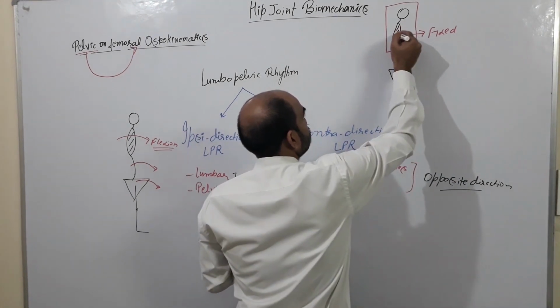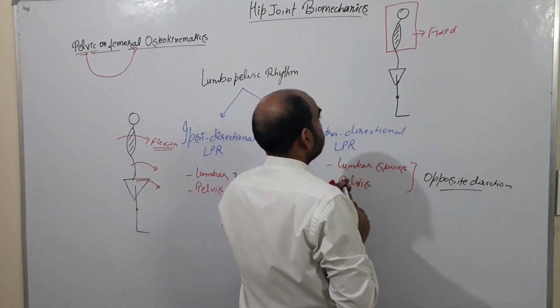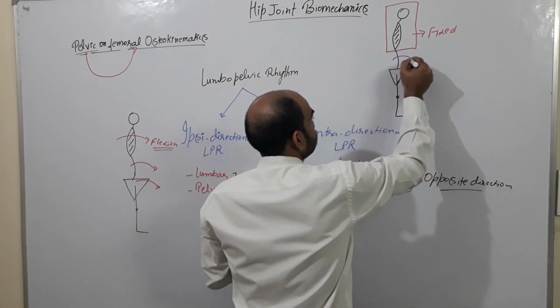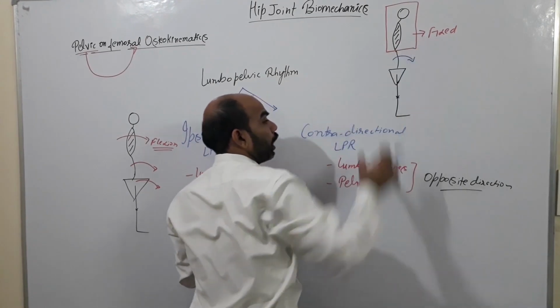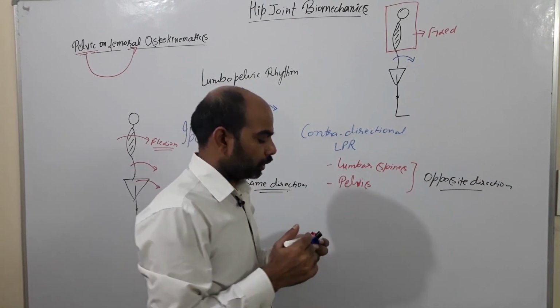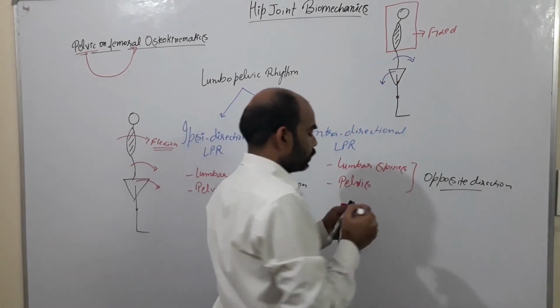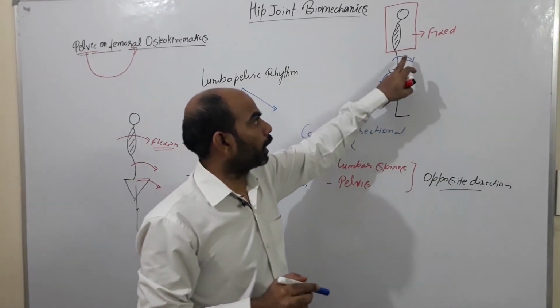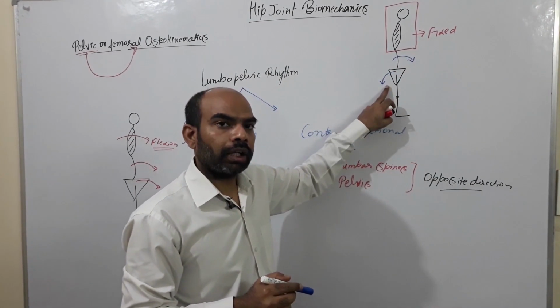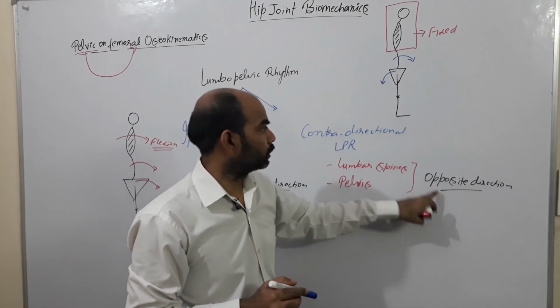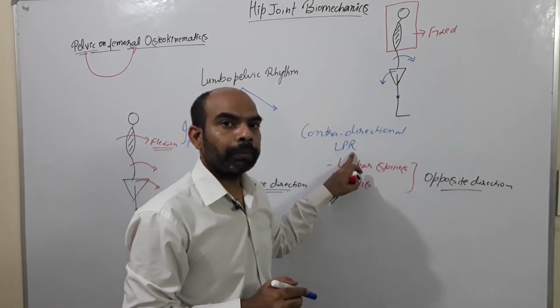If the lumbar spine moves in an anterior direction, then to maintain the upper trunk in a fixed position, the pelvis moves in the opposite direction. So the movements of the lumbar spine and pelvis are in opposite directions. So lumbar spine and pelvis in opposite directions is contradirectional lumbopelvic rhythm.